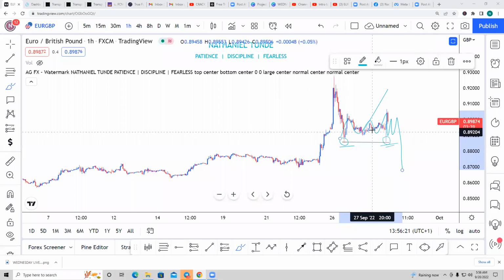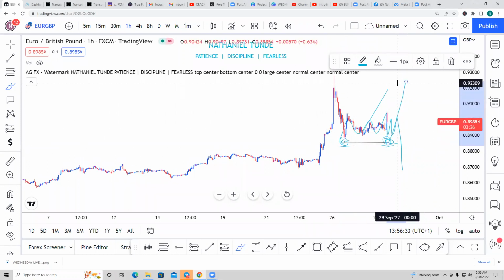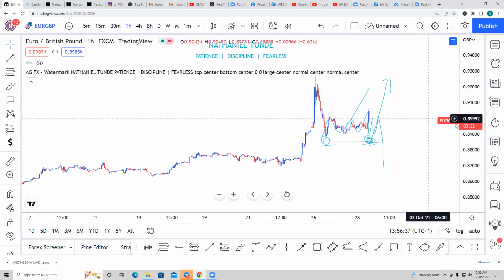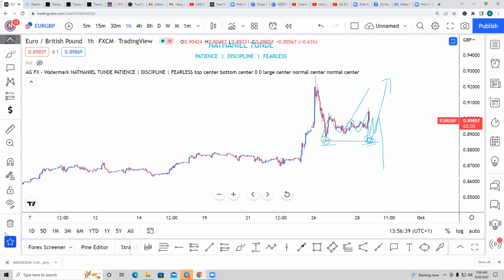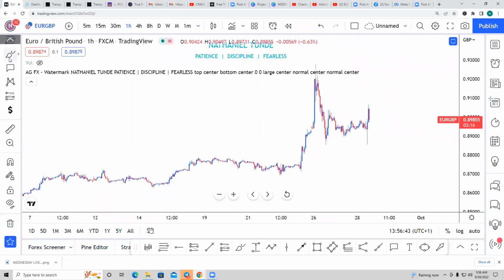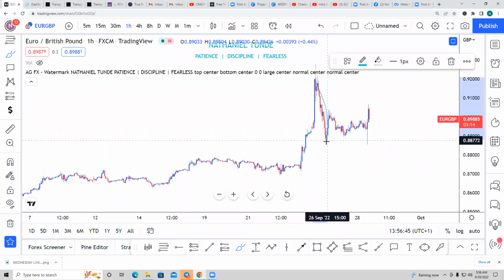All right, so this market cannot make a move right here with this equal low. No, it will not be easy to make a move to the upside just like that. Don't expect such to happen. So what you should anticipate is that this equal low must be taken to the downside before you can expect a push to the upside.